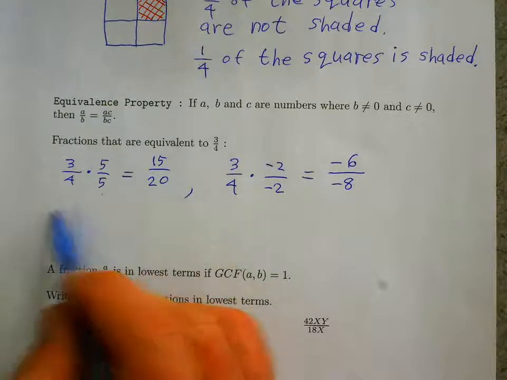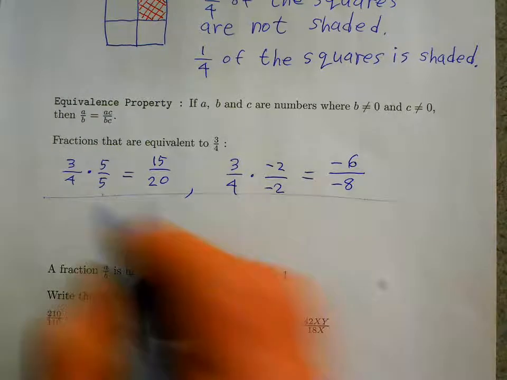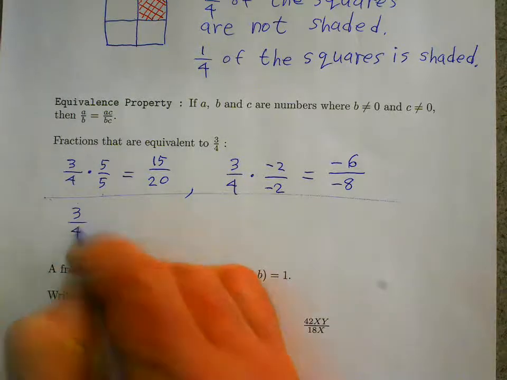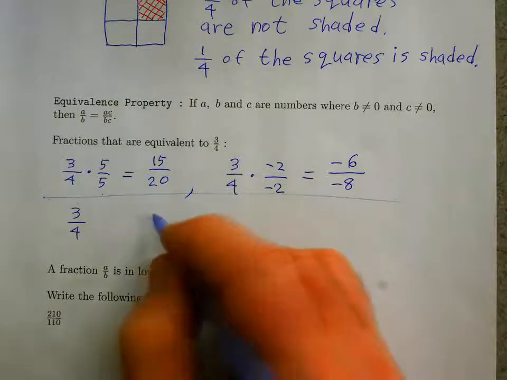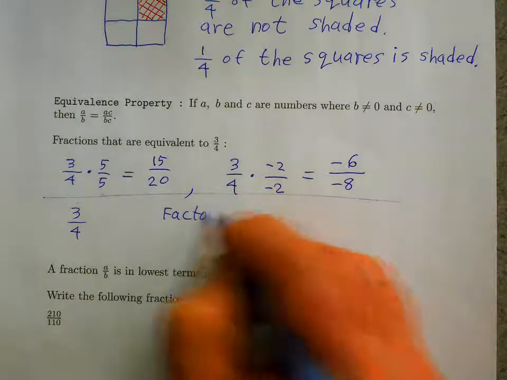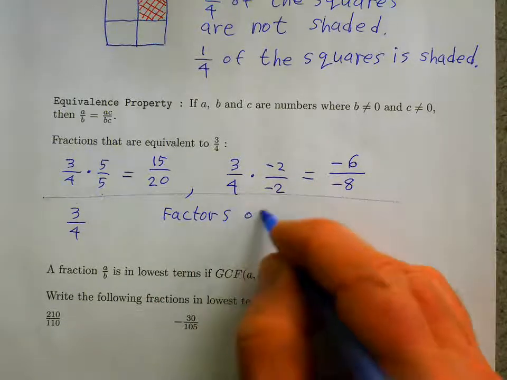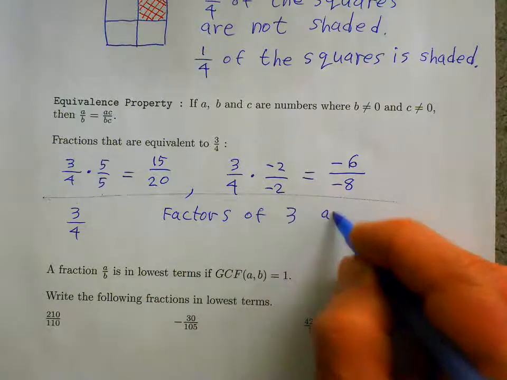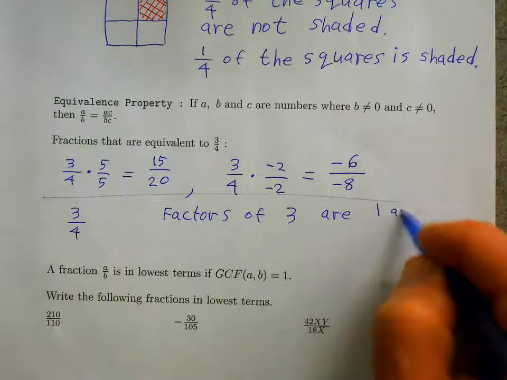So let's go back up here, 3/4. The integer factors of 3, I'll just say the positive integer factors of 3 are 1 and 3.